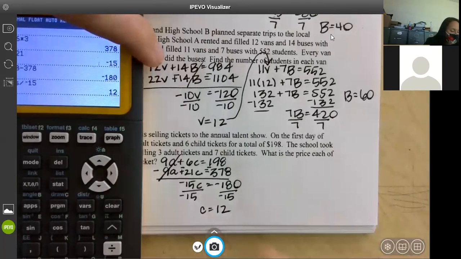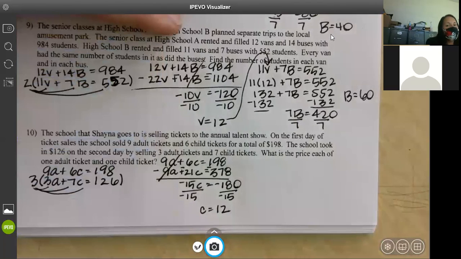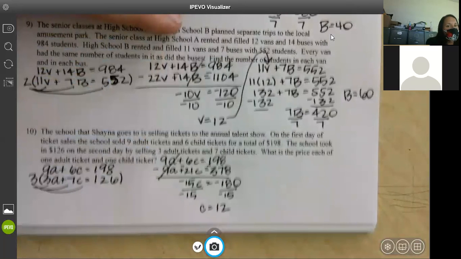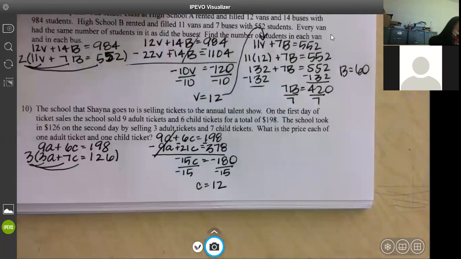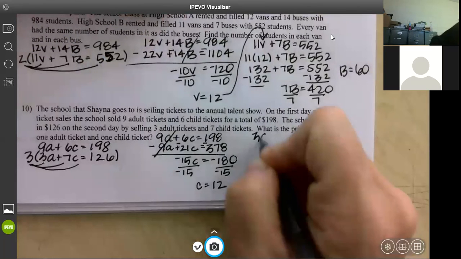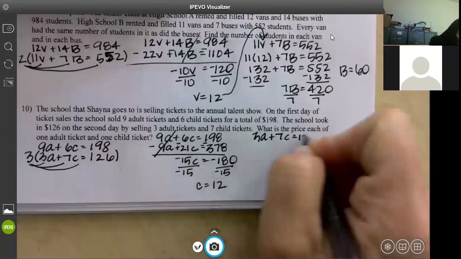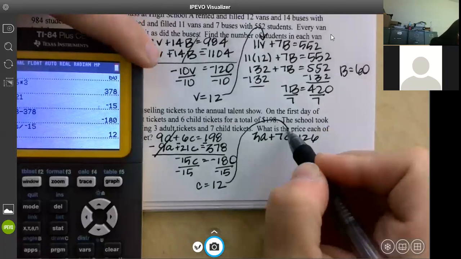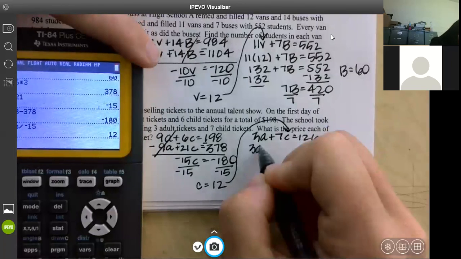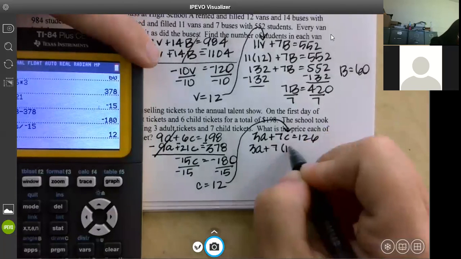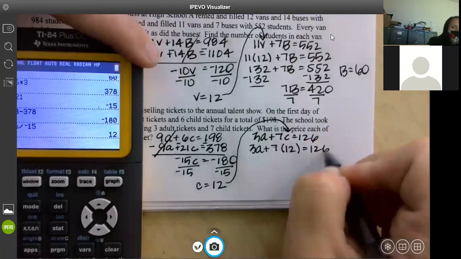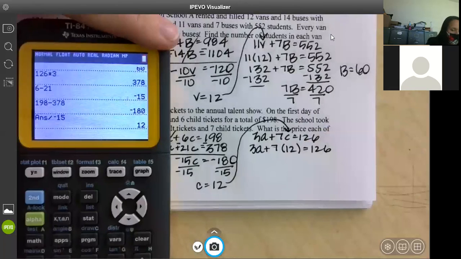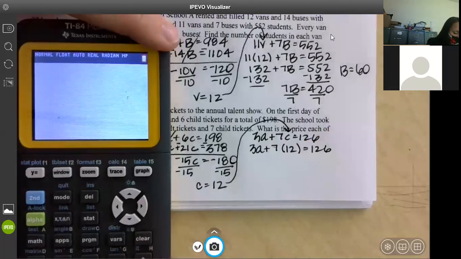Pick an equation. It doesn't matter which one. Which one y'all want to pick? The bottom looks a little bit smaller. 3A plus 7C equals 126. C was 12. So 3A plus 7 times 12 equals 126. 7 times 12 is?